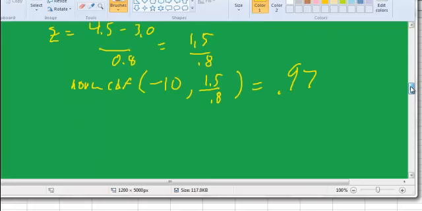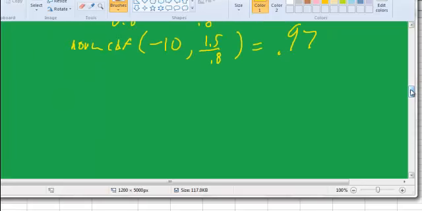So one thing I want to finish up with is you always want to sketch a normal curve and figure out what the question asks.